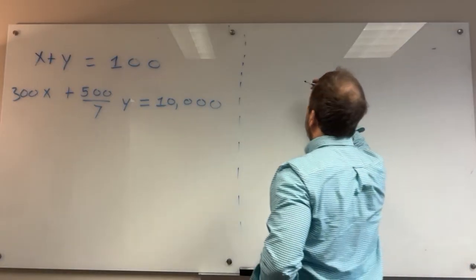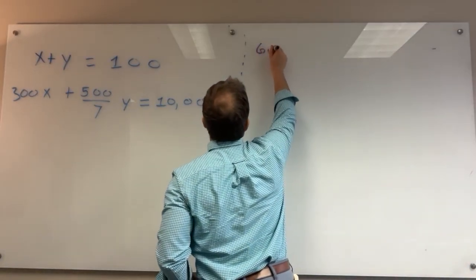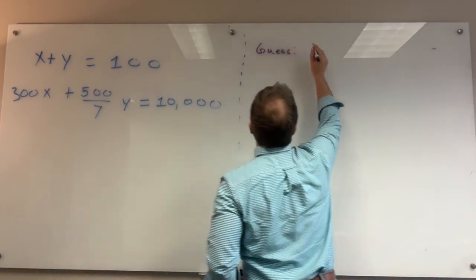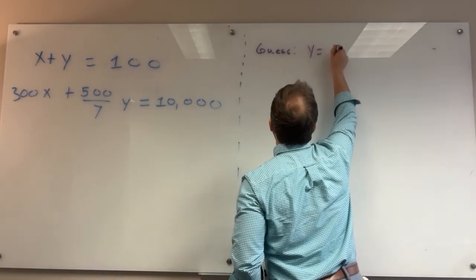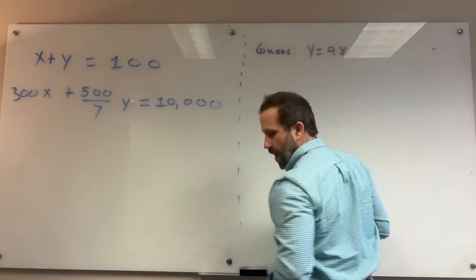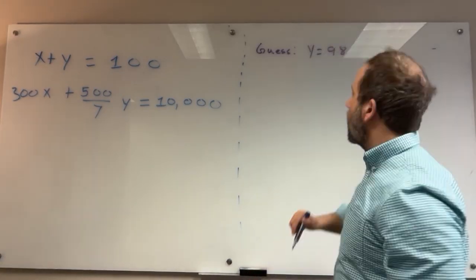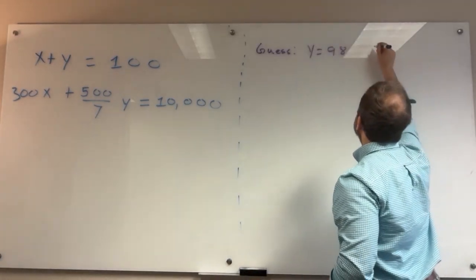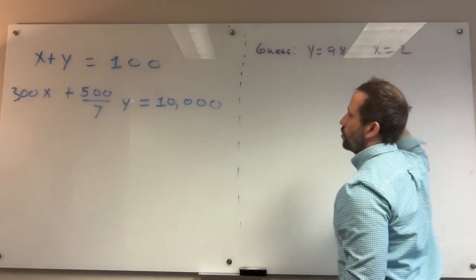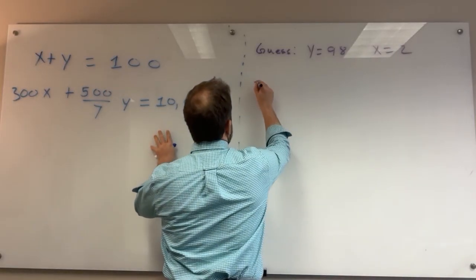So here's what we're going to do. I'm going to say that my first guess is that y is equal to 98. And if y is equal to 98, this means that x has to be equal to 2. And so we're going to plug it into this equation here.